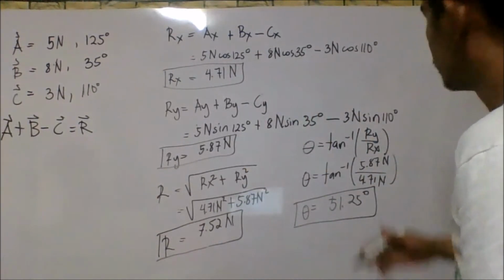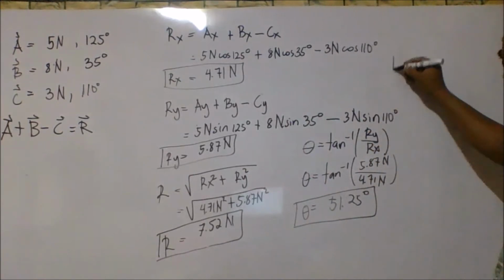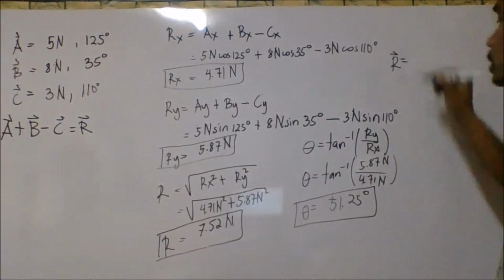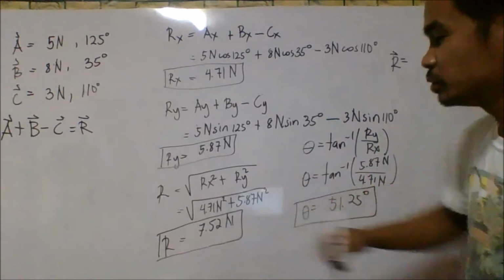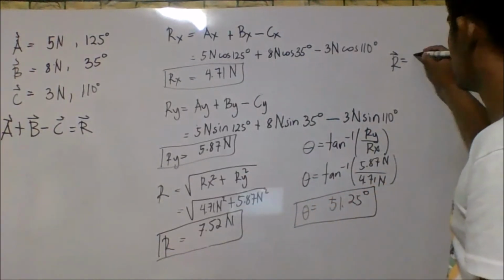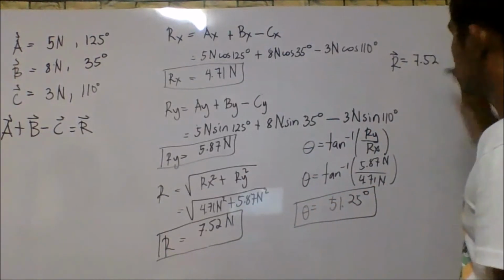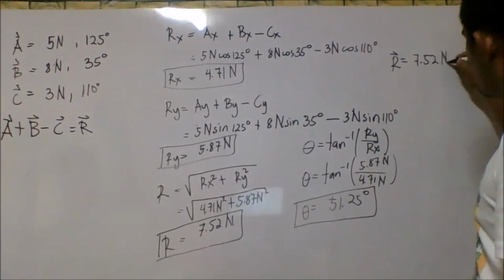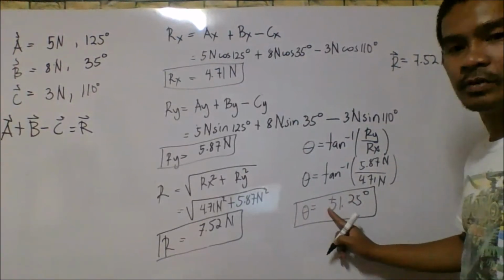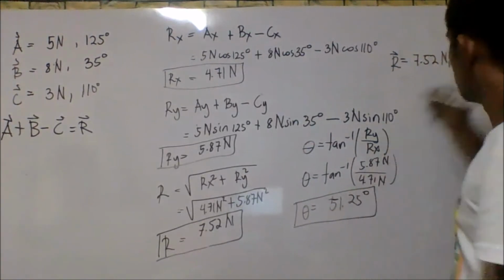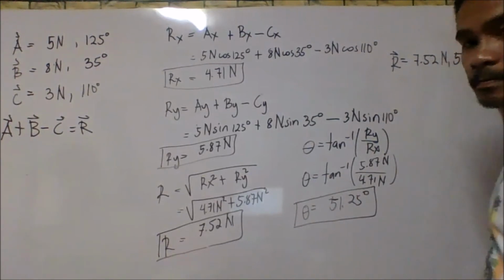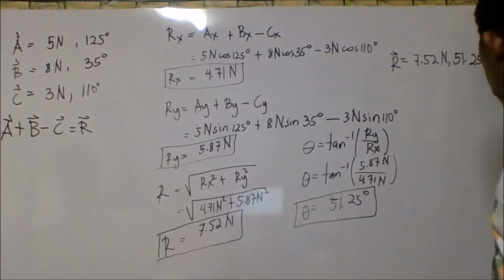So we have vector R equals the magnitude, which is 7.52 Newton, comma, the direction 51.25 degrees.